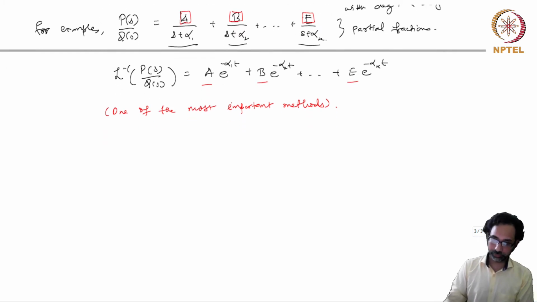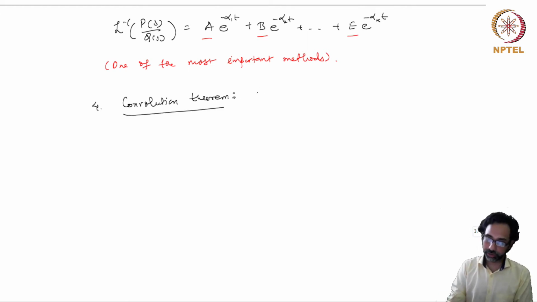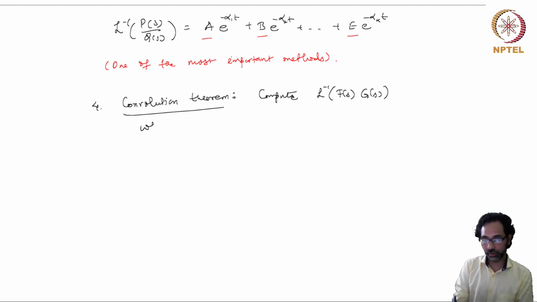The fourth method is the so-called convolution theorem, which asks you to compute the inverse Laplace transform of a product of two functions F(s) and G(s), where the inverse Laplace transform of F(s) and the inverse Laplace transform of G(s) are both known.